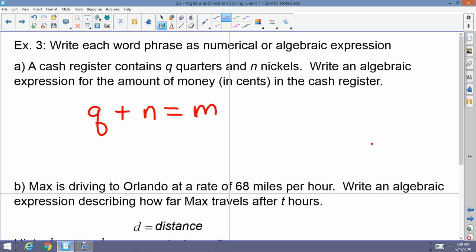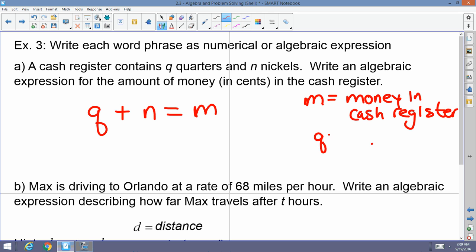Why? Because we're looking for money, okay? First of all, let's label. M equals money in cash register. We know that Q equals quarters, and we know that N equals nickels.